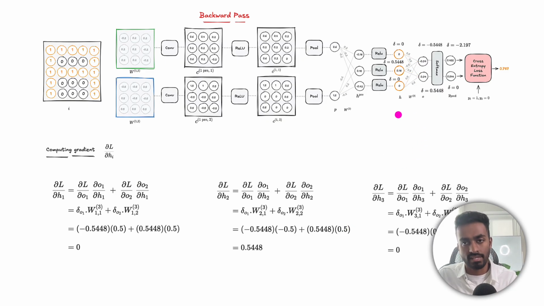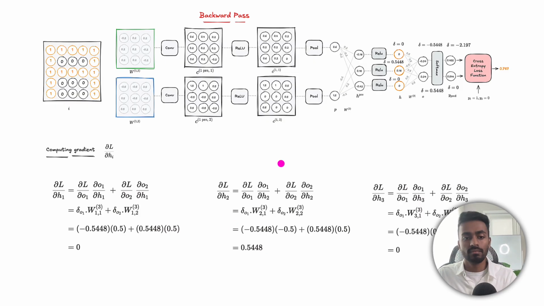Next, let's move on to this hidden layer H right over here. So how is this neuron affecting the loss? Well, it's how this neuron affects this neuron times how this neuron affects the loss, plus how this neuron affects this second neuron in the output layer times how that neuron affects the loss. That's exactly given by this multivariate chain rule formulation right over here, which we can substitute our values into, and we will get 0.